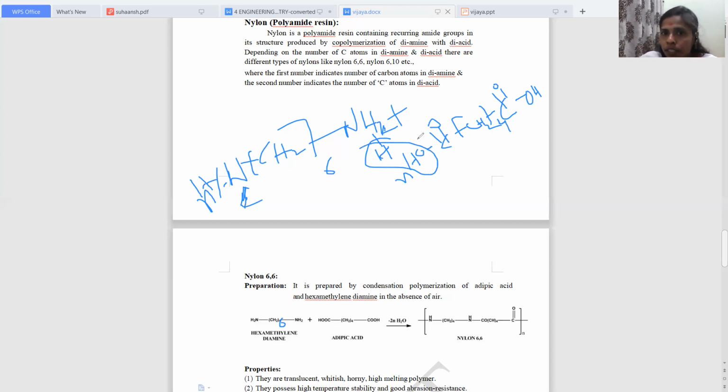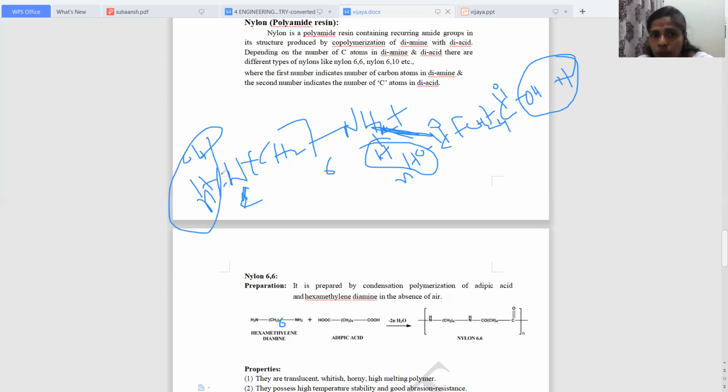When this water molecule is eliminating, we are getting the new bond between NH and C double bond O. And even this OH with the other hydrogen. What is the other hydrogen? This hydrogen, because it is repeating for n times alternatively. So the water molecule is eliminating, and this hydrogen with the other OH is eliminating in the form of water molecule.